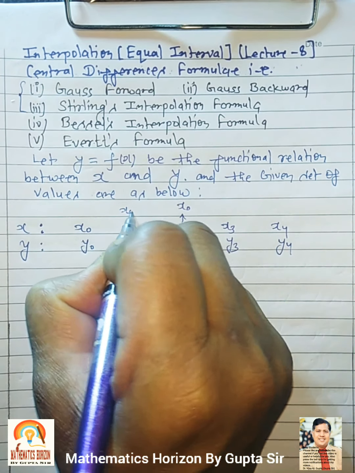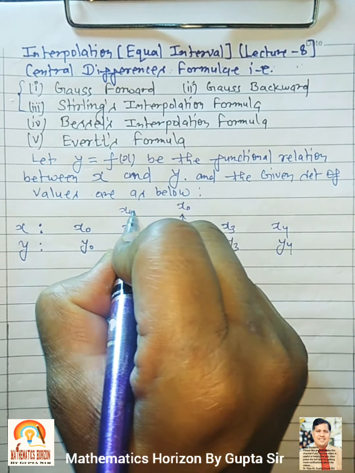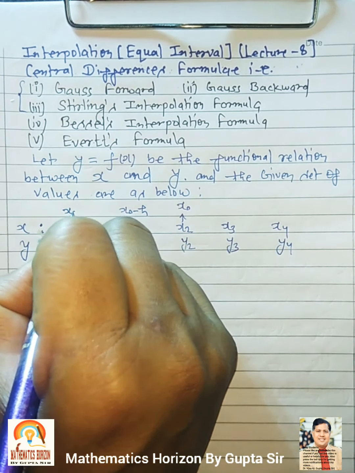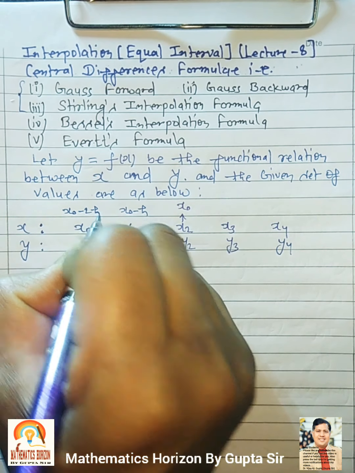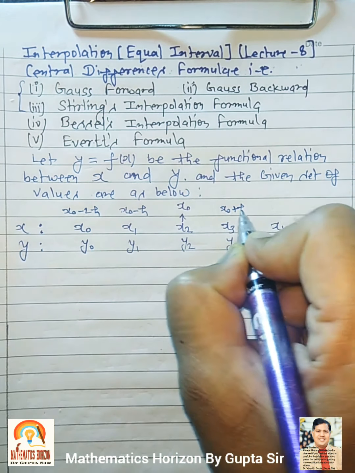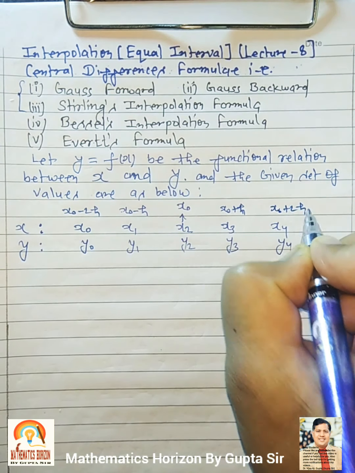Here we have values of x in equal intervals, so these will be x0 minus h and x0 minus 2h, x0 plus h and x0 plus 2h.